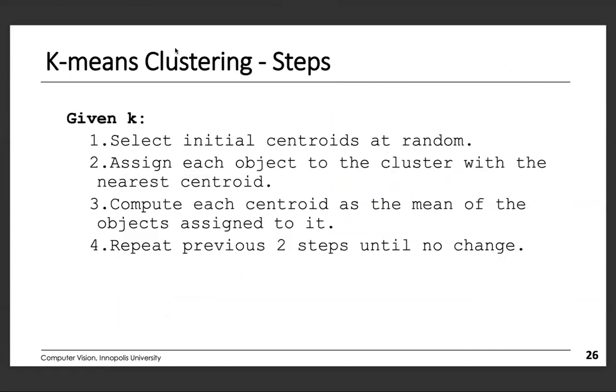So how does k-means clustering work? First, you select initial centroids at random, given a number k. It's up to you to decide what k is. There are lots of different techniques that can allow you to find the most optimal k possible.